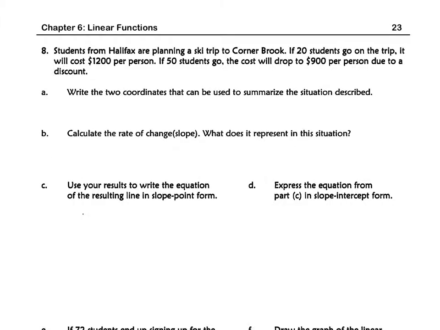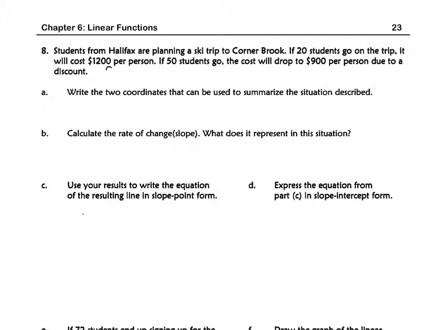Okay, question 8. Students from Halifax are planning a ski trip to Corner Brook. If 20 students go on the trip, it will cost $1,200 per person. If 50 students go, the cost will drop to $900 per person due to a discount. So you've got a relationship there between cost and the number of students who are going on the trip.